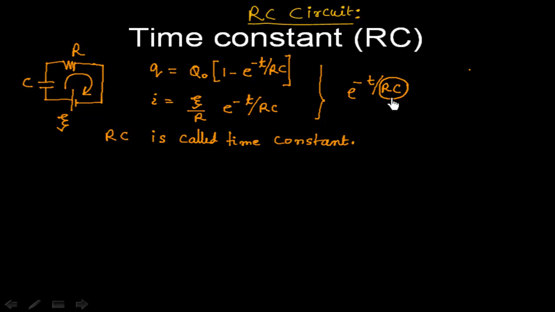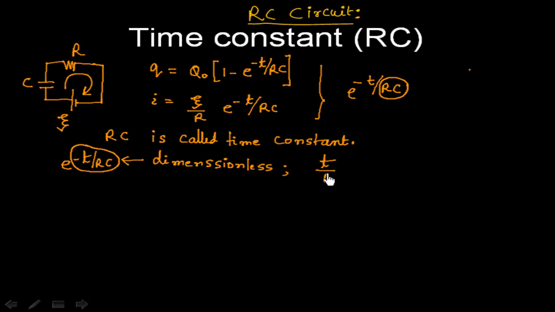Now the time constant will have a unit of time. So let us say e to the power minus t by RC. Anything in the power must be dimensionless. So this is dimensionless. This means t by RC has no dimension.